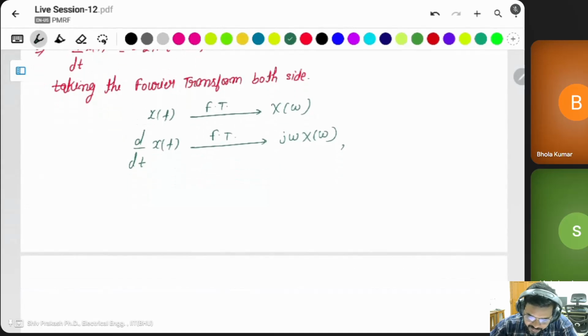Another property is, what happens if the same x(t) has Fourier transform X(omega), and you multiply by t, t x(t)? Then the Fourier transform of this function will be j dX(omega) divided by d omega.